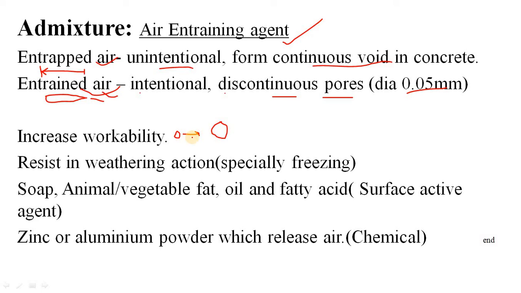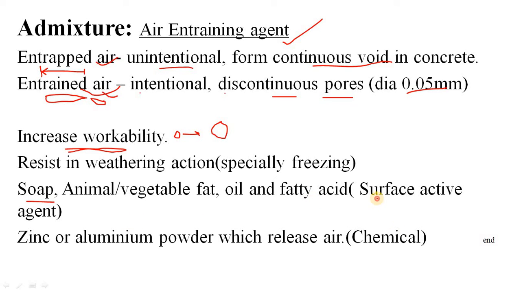And also, as this creates lots of bubbles within the concrete, it increases your workability also. How do you use this agent, or how is the entrained air created within the cement or concrete? Simply soap, animal or vegetable fat, oil, fatty acid, everything you can use.